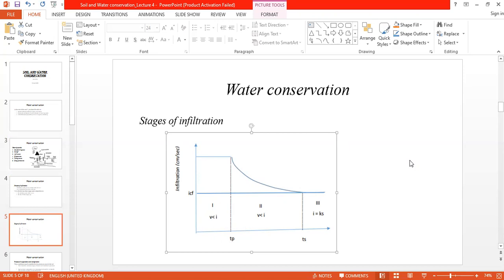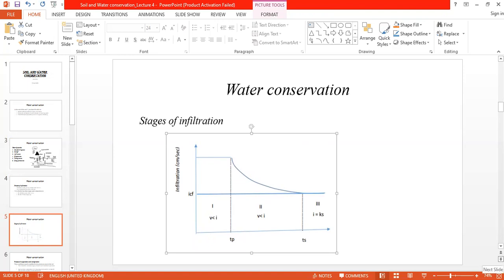When we come to the software, we're going to see how we can produce this graph to see, if we start to irrigate, how long we can irrigate before the soil becomes saturated. Then we'll see how we can explain such a phenomenon.